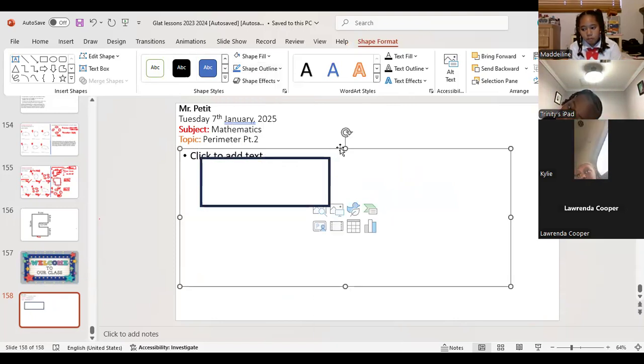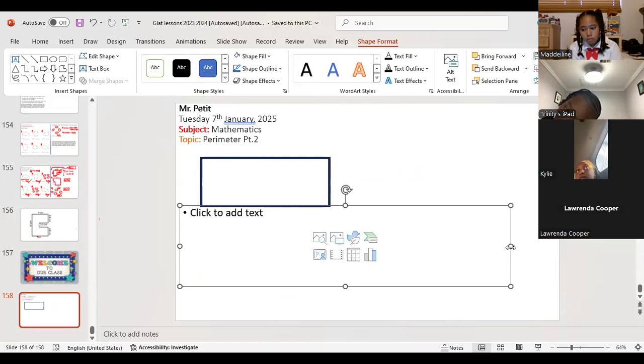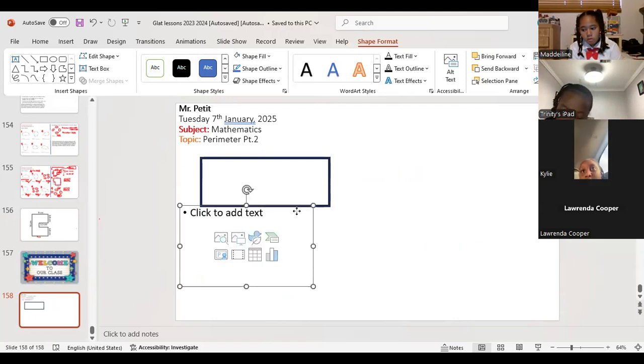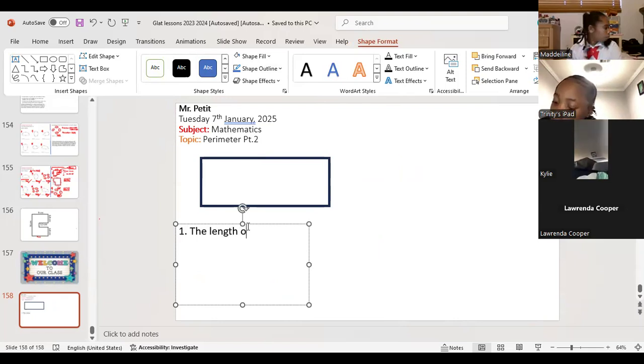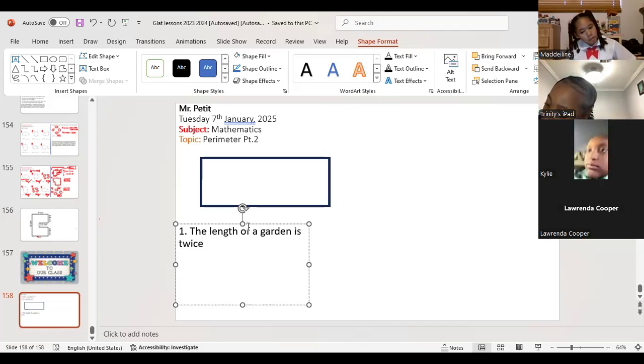Good. And let's say that the length is number 1. So the length of a garden is twice its length.